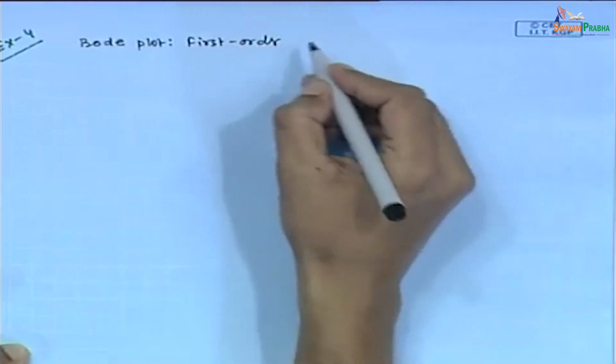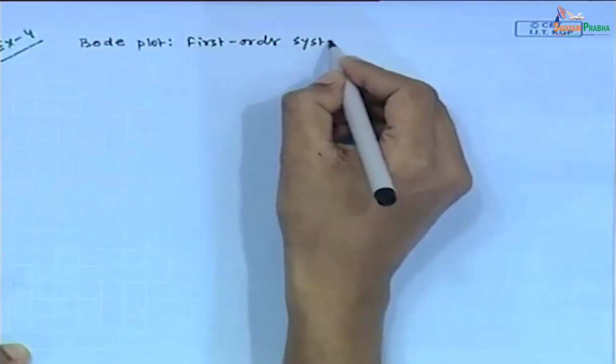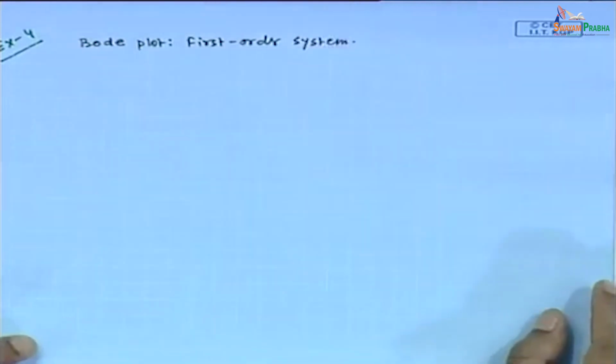So, to construct the Bode plot, we need to consider the transfer function of a first order system.